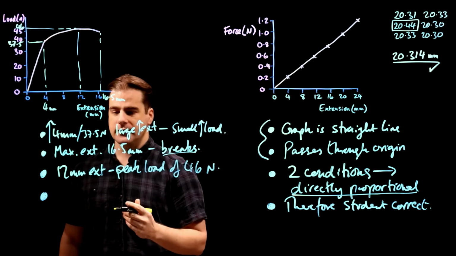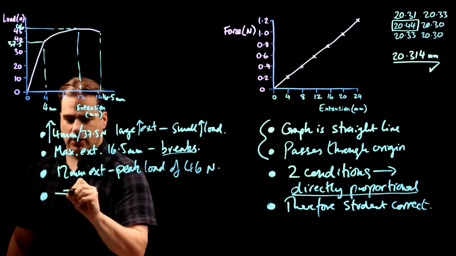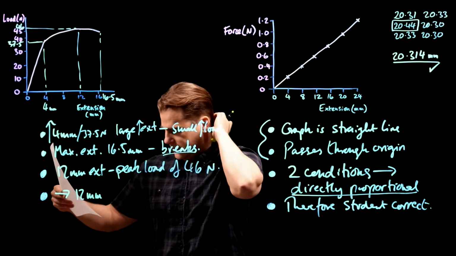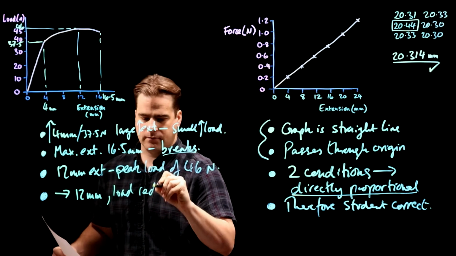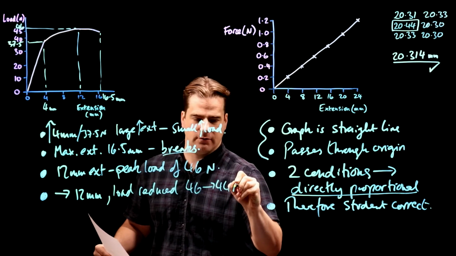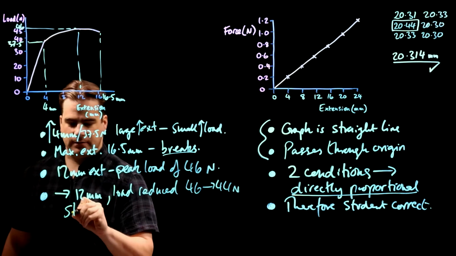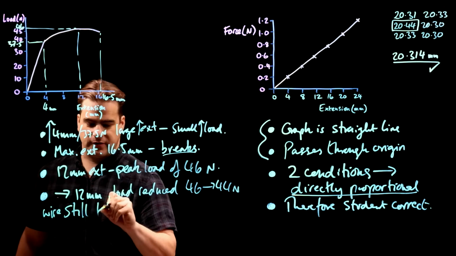So, let's summarize that. Beyond 12 millimeters, the load is reduced from 46 to about 44 newtons. So the wire still keeps extending.